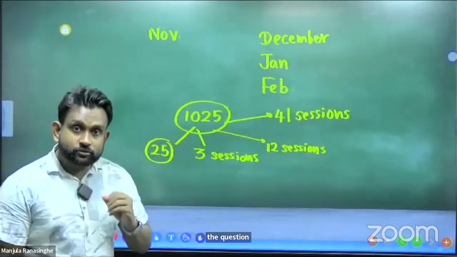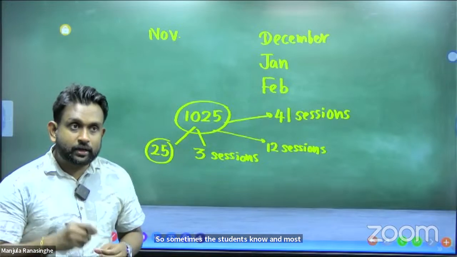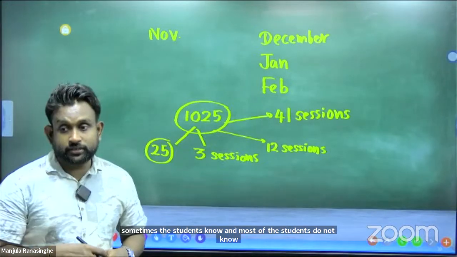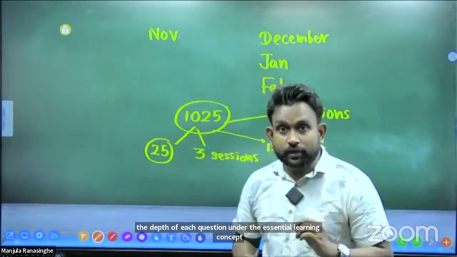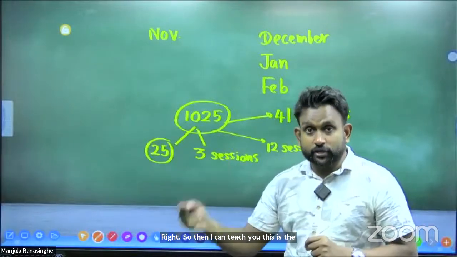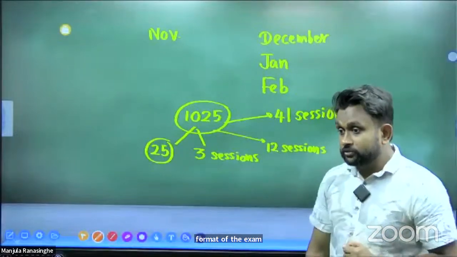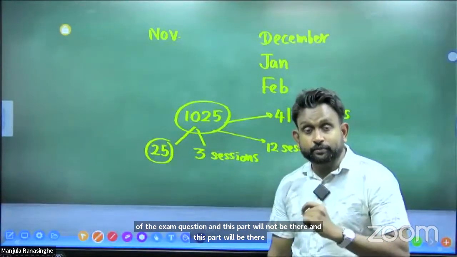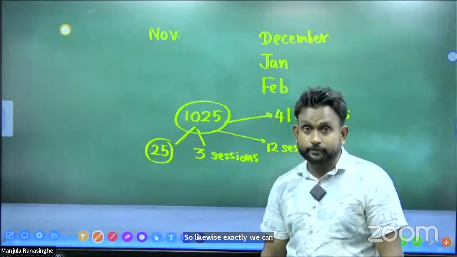Sometimes the students know, but most of the students do not know the depth of each question under the essential learning concept, right? So then I can teach you, this is the question and this is the format of the exam question, and this part will not be there and this part will be there. Likewise, we can determine the subject content of each question.